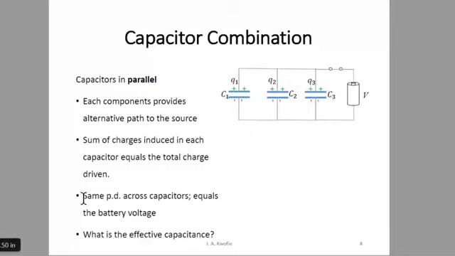The next point we need to keep in mind is that the potential difference across the capacitors is the same. So all these points are at the same potential, and all these points are at the same potential. They are the same potential as this end of the battery, which is 0.